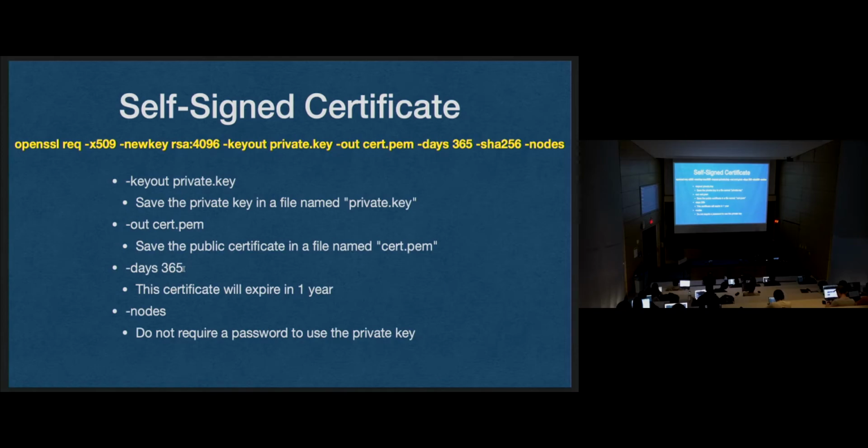It's going to expire in 1 year by specifying the number of days. You can change that if you'd like. We're not going to grade your assignment after a year, so you'll be fine with 1 year. And -no DES means don't require a password to use the private key, because you're not going to type your password every time your app gets a request, of course.